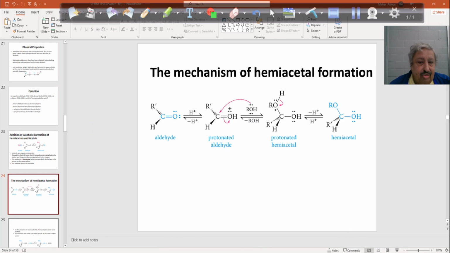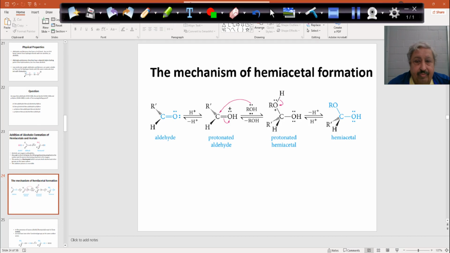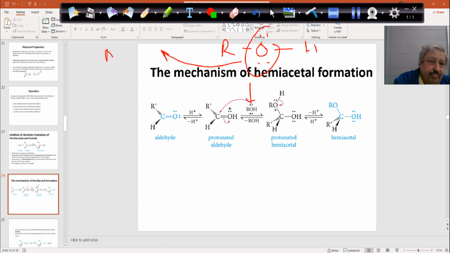Here it is, that's a nucleophile. So you have the nucleophile oxygen from alcohol here. The oxygen is called nucleophile. So that's the reason I'm giving the mechanism without telling you all the details of the mechanism.